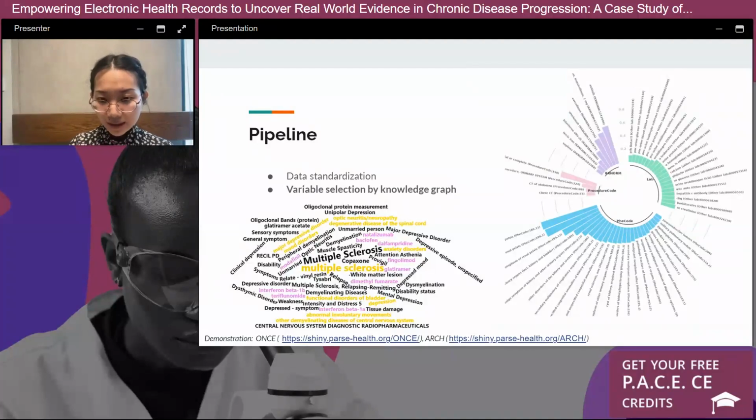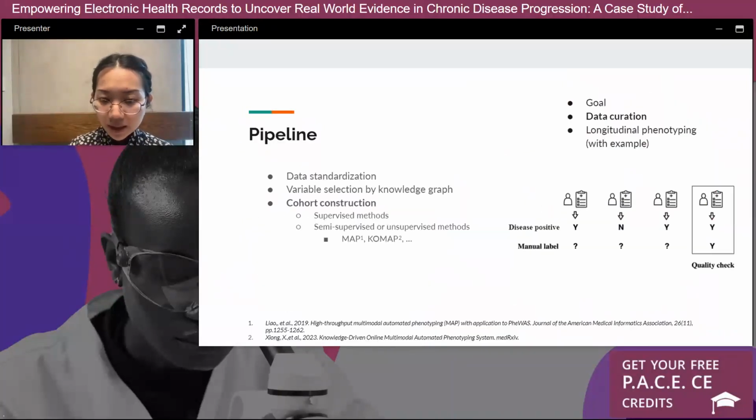So with that, you could essentially filter out all the less relevant features and retain all the important features for your outcome of interest. And with that, you're ready to go one step further and say, okay, now can I try to construct a cohort for my study, right?